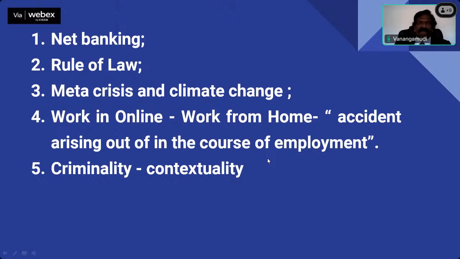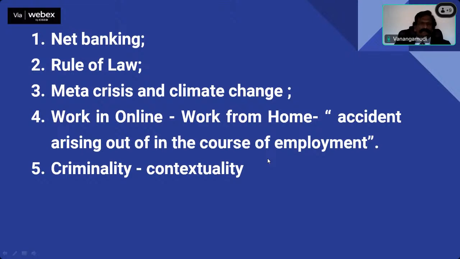Environmental law, meta-modernity relates to meta-crisis. Climate change, climate crisis is one of the meta-crises. Therefore, in this context, if you take any research in meta-crisis like climate crisis, it is part and parcel of the current topic. As far as labor law is concerned, I have given this one, it's in the slide.